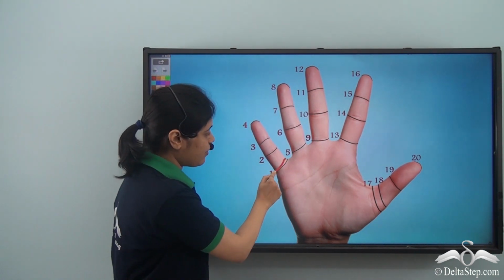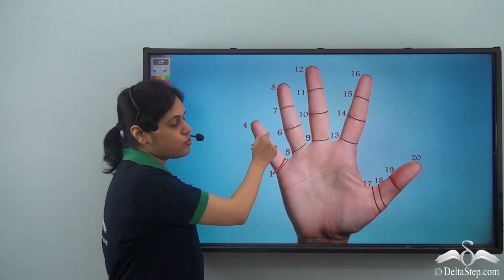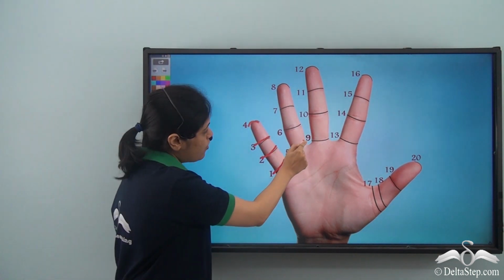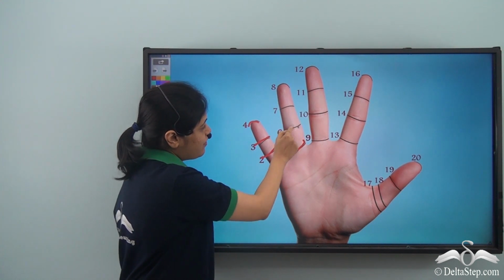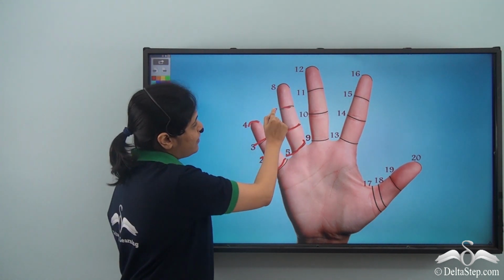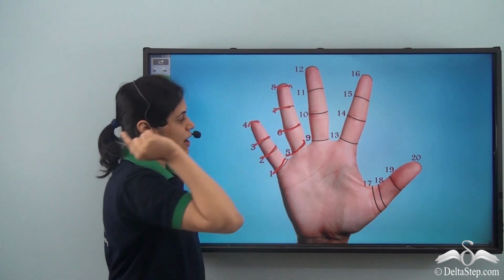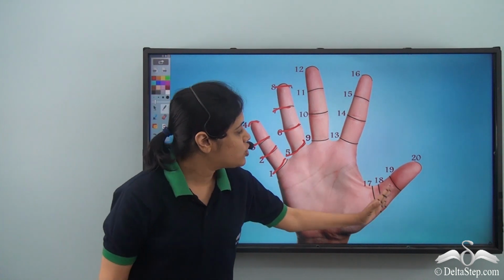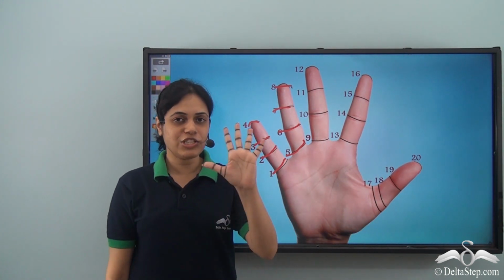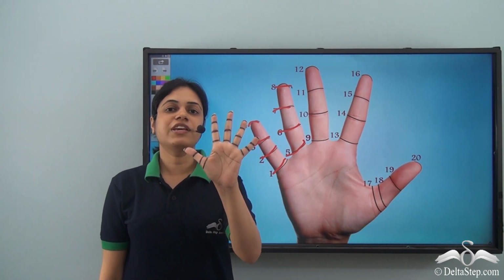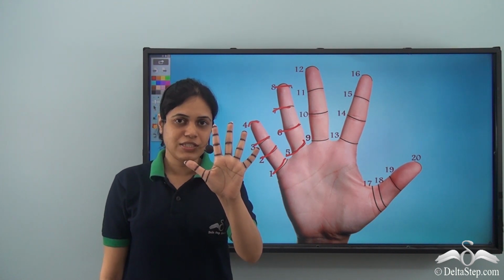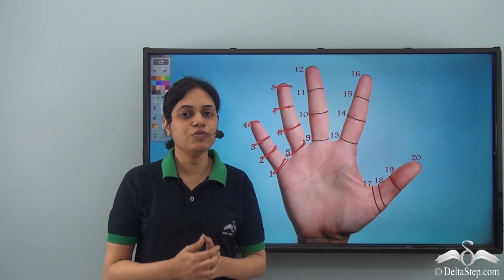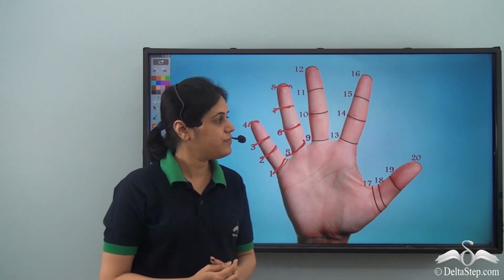So this is finger mark number 1, finger mark number 2, finger mark number 3, finger mark number 4, finger mark number 5, finger mark number 6, finger mark number 7, finger mark number 8, and so on, right? So there are 20 such finger marks in just one hand. So we can use these finger marks for subtracting. So let us see how we can use these finger marks for subtraction.